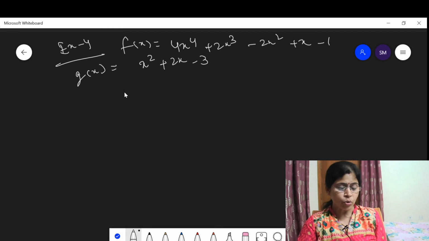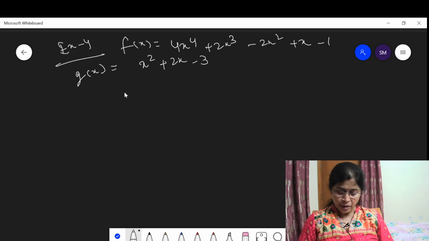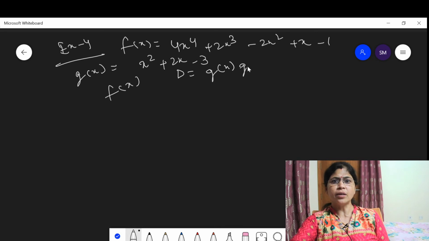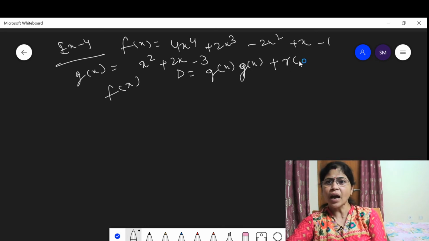At first you try to find out the R(x). When you find out the remainder, so that the resulting polynomial is divisible, hence we add. Look at here. The question says what should be added. As we know, capital D is equal to Q(x) into G(x) plus R(x).